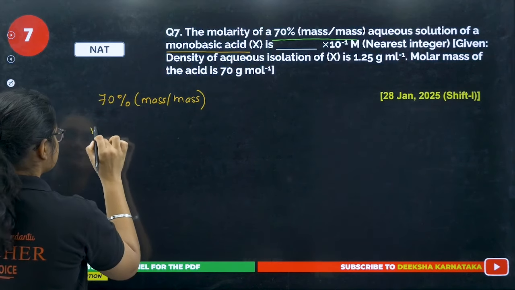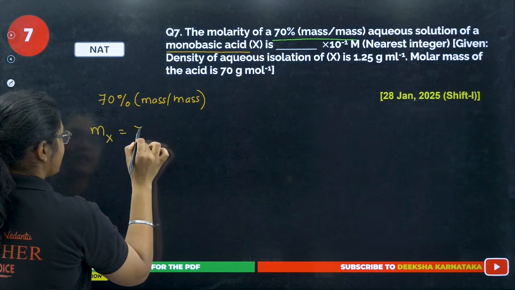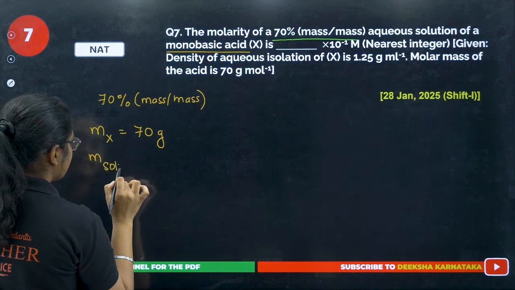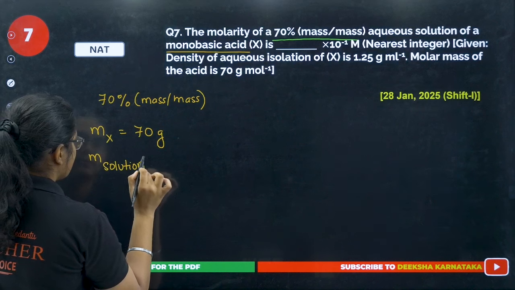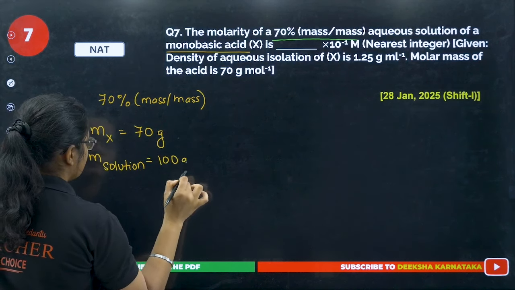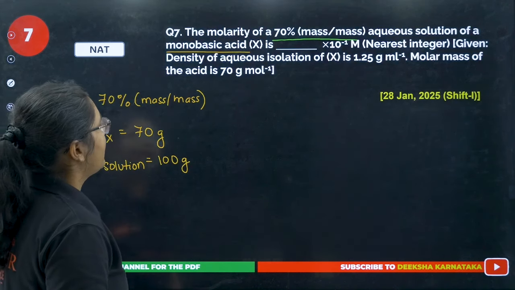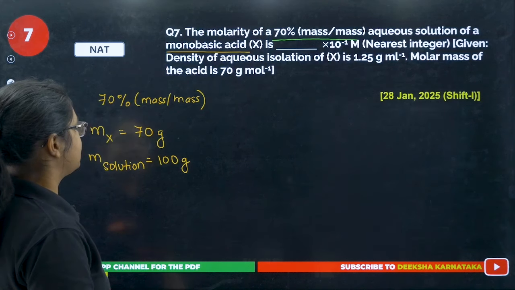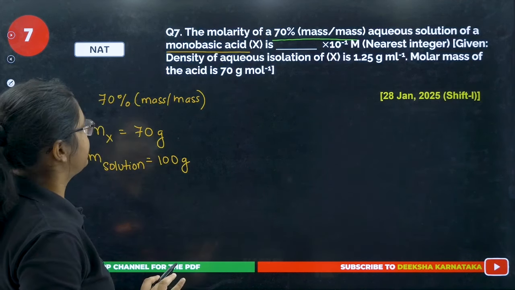Okay. So what is the mass of X? That means it is 70 gram. Mass of the solution is 100 grams. Okay. So I have an aqueous solution of a monobasic acid 70 gram, mass of the solution is 100 gram.